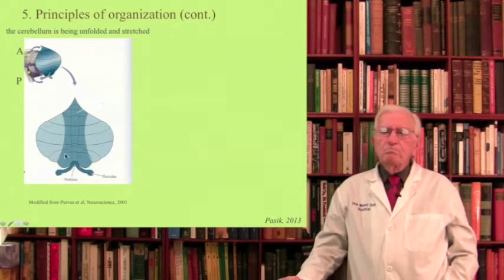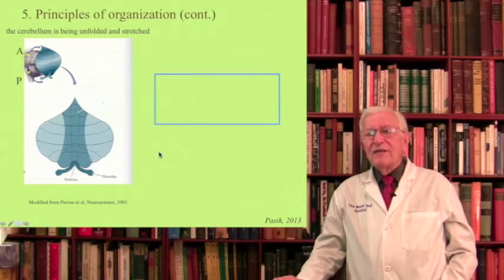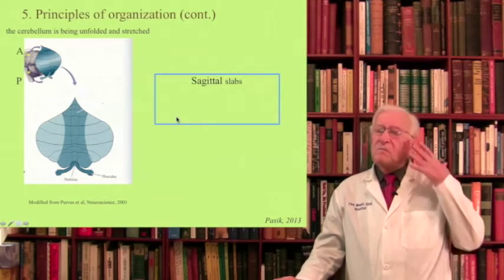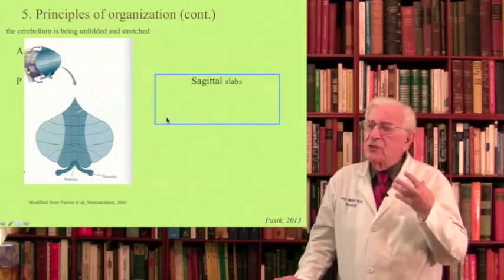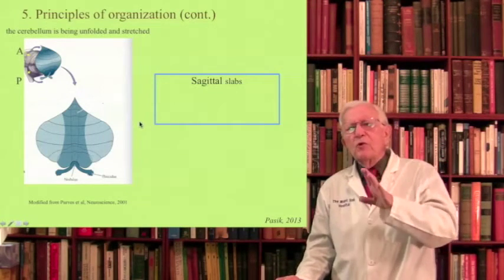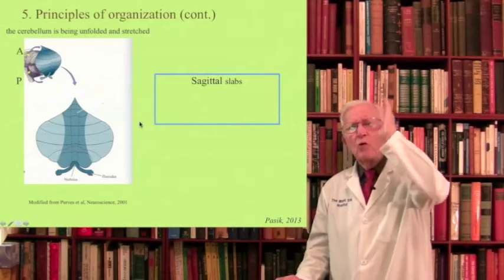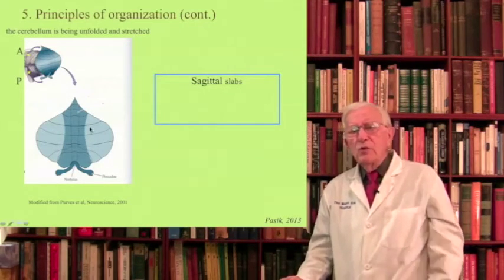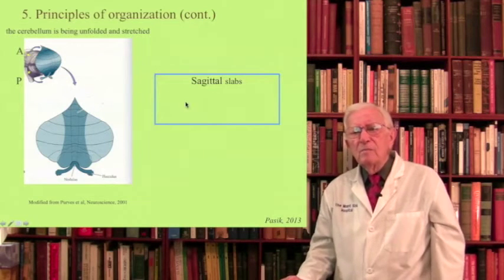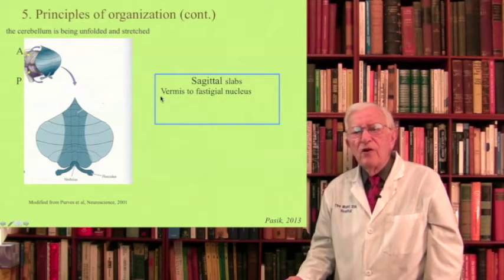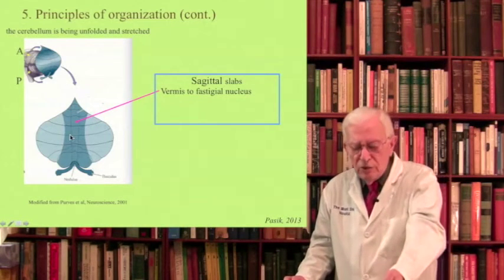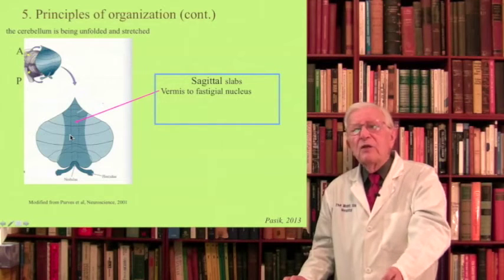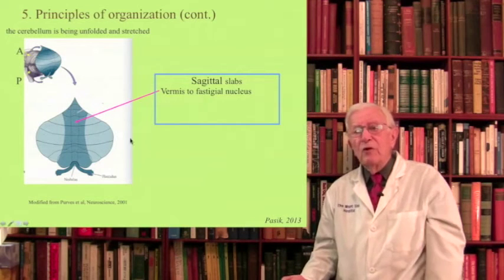All right? And you can see here that you can imagine, or you can think in terms of so-called sagittal slabs that go parasagittally all the way through all the lobes. So you have a midline one that is called the vermis, that is this one, and that projects to the intrinsic nucleus that is just underneath, which is the fastigial, as we saw before.